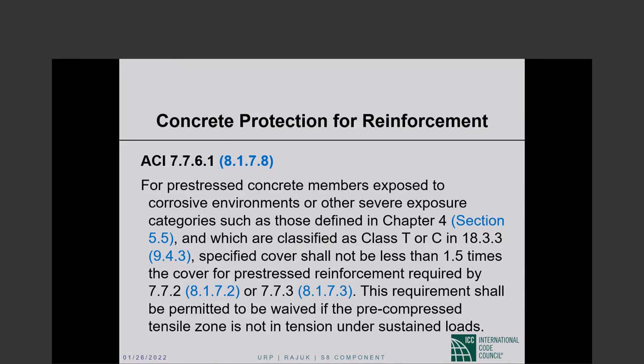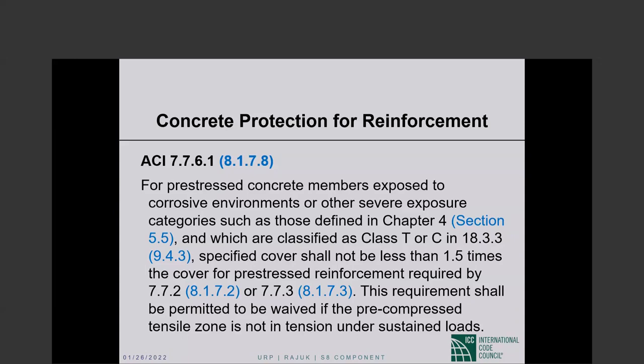Anyway, the tensile stress under service level loads going beyond 7.5 square root of f_c', as I recall, in our units, will make a member a class C, cracked member. If there is no tension, then it is uncracked, and in between it is transition.